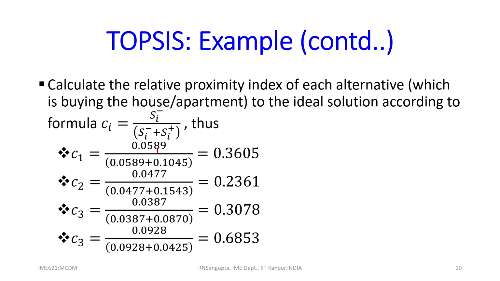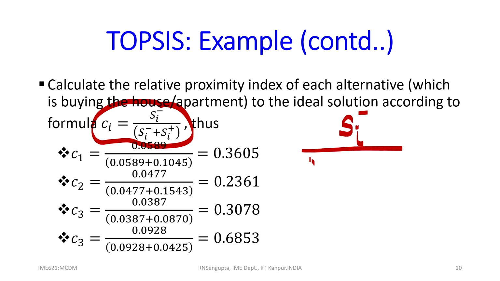The proximity analysis would be based on this ratio. The proximity ratio in the negative concept, I will use this red color, would be Si minus divided by Si minus plus Si plus.